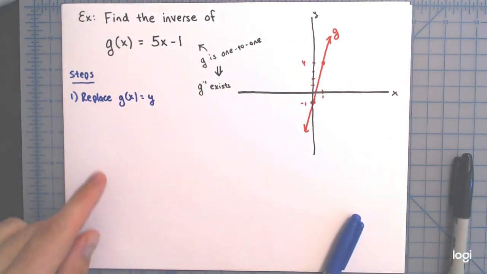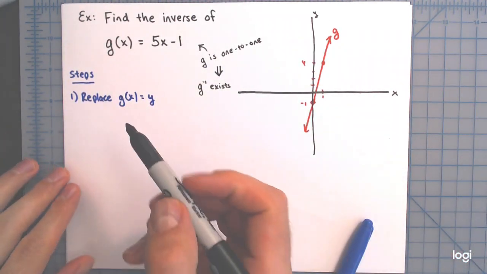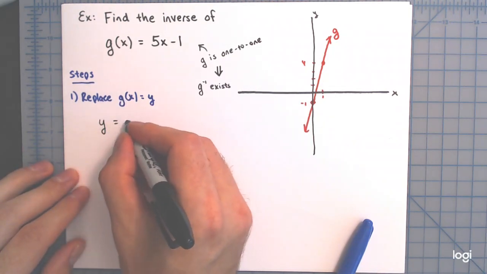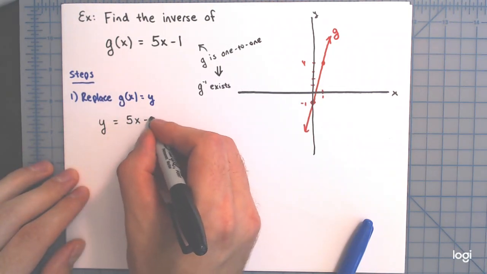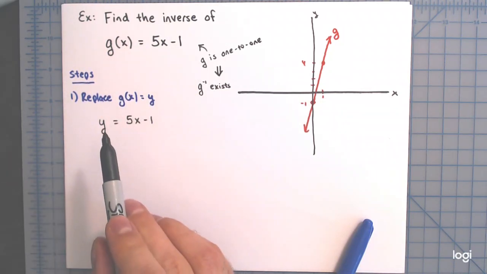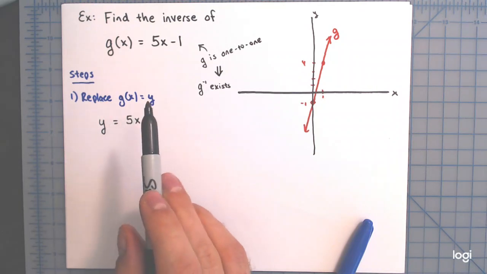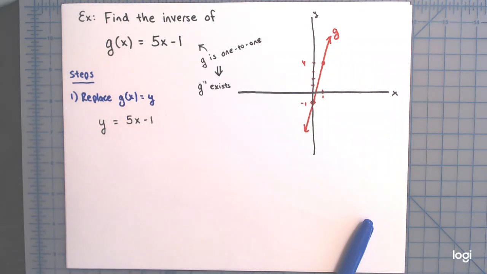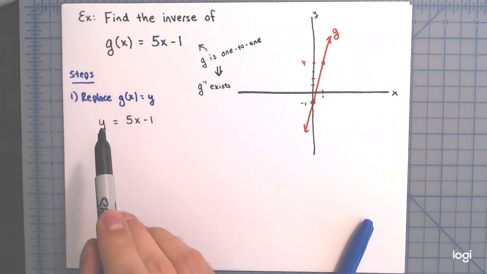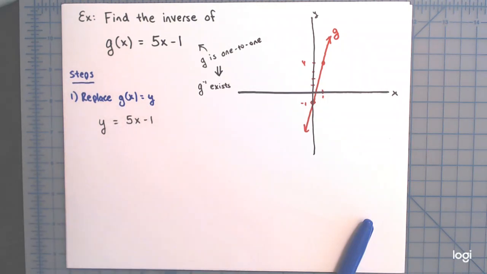Or if it's f of x, replace it with y. So we have y equals 5x minus 1. Remember that g of x is just the output, so it's the same as y. Now be careful: this y is representing g of x, the outputs of function g.